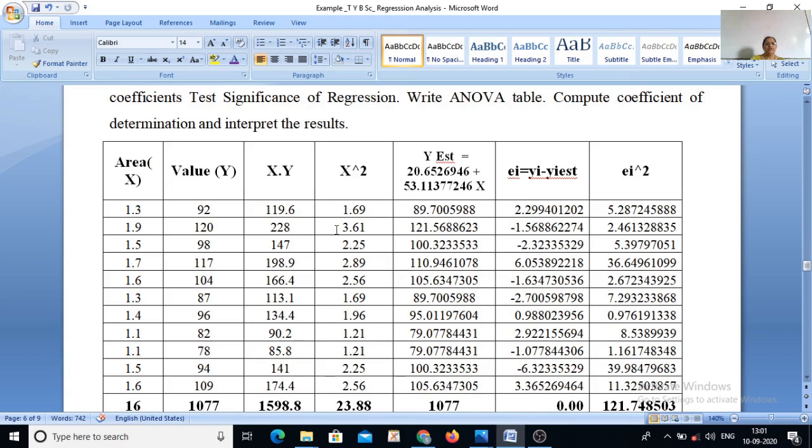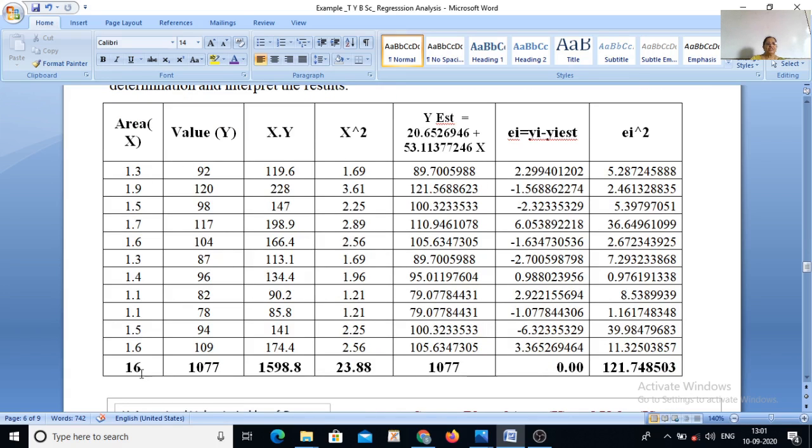For your easy reference, using Excel, I have given you the sum of x, sum of y, sum of product of x and y, sum of squares of x.